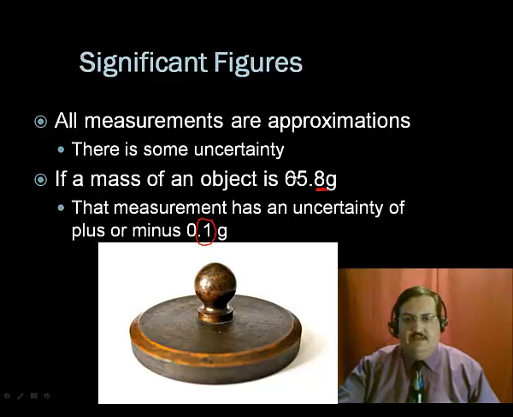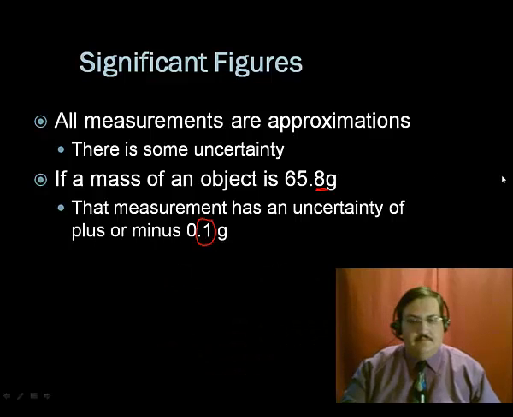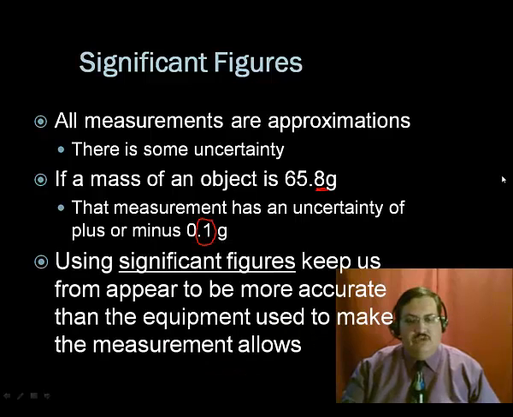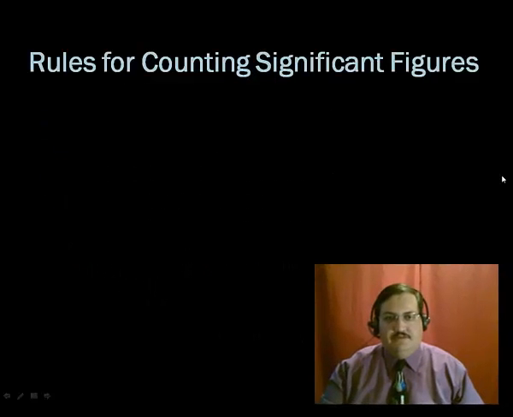This could really be 65.9 at its most extreme or 65.7 at its least extreme, but most likely it's 65.800 something. Using significant figures keeps us from appearing to be more accurate than the equipment we use really allows us to be. And this again is important in being honest with the numbers that we record.